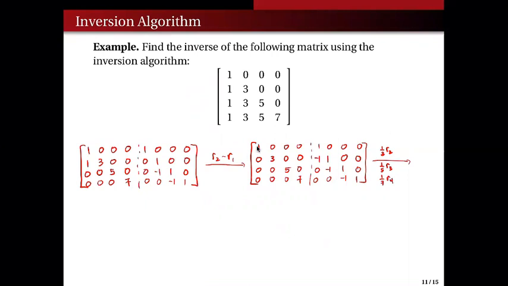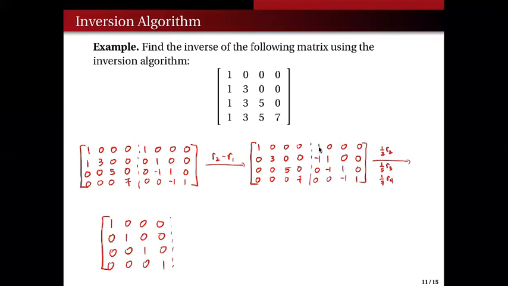And first row, it's fixed. Okay? So what will happen to that? Well, in the end, we will have the identity matrix here. 1, 0, 0, 0, 0, 1, 0, 0, 0, 0, 1, 0, 0, 0, 0, 1.